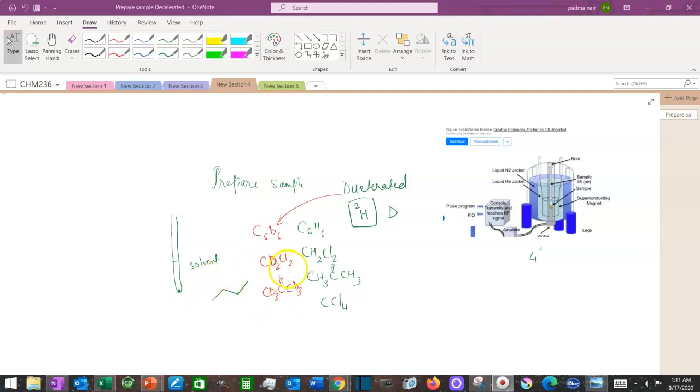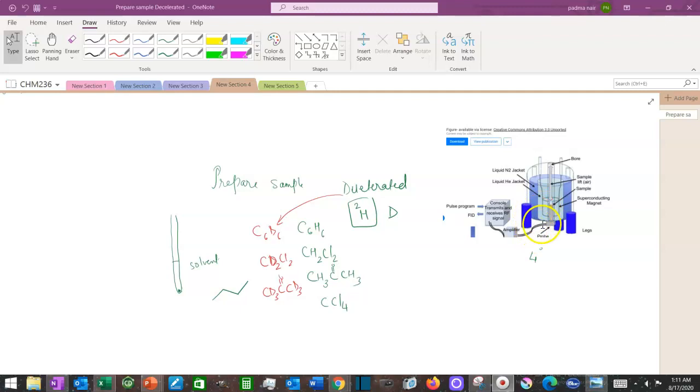Okay, so here we have butane, and you can find the NMR spectrum of butane by using any of these solvents. Well, butane is a non-polar compound, so it would be better to use something like benzene, and then you can put it in the sample tube and place the sample tube in the NMR spectrometer.